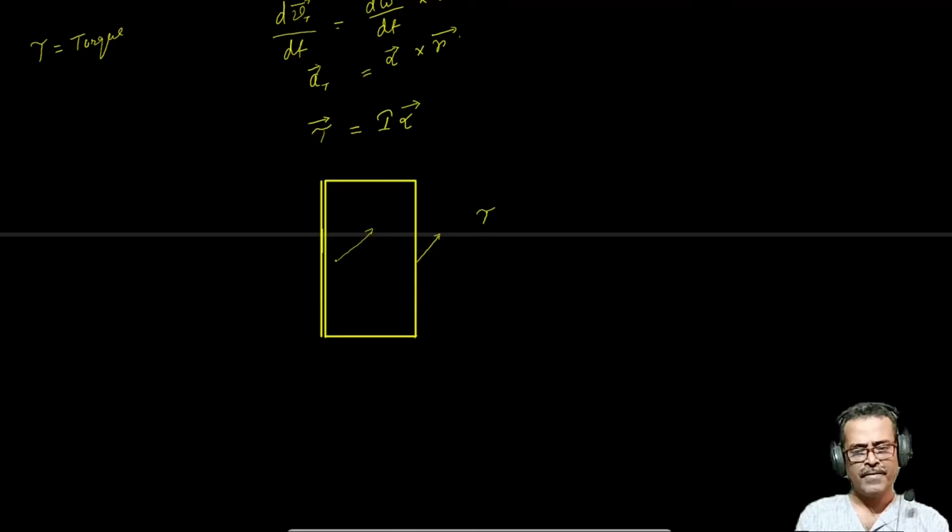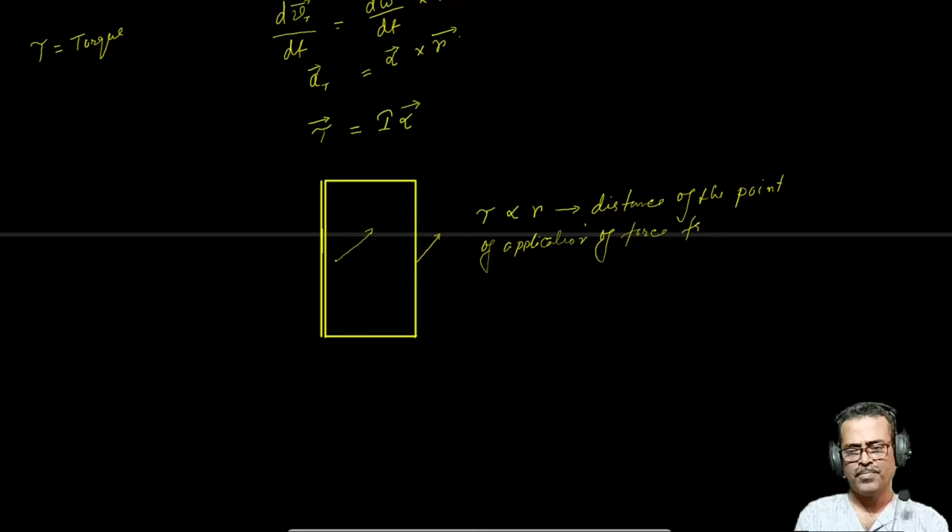So we can say that torque is directly proportional to R, that is R is the distance of the point of application of force from axis of rotation.